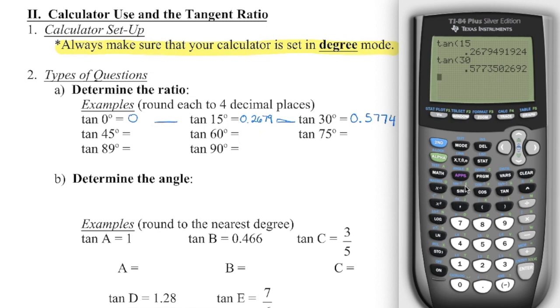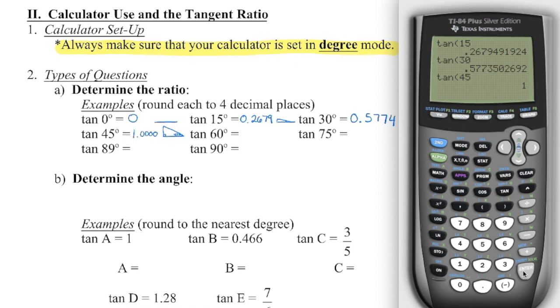So now I'm going to do the tangent of 45 degrees, and my ratio is 1. Okay, because we want 4 decimal places, I'm going to go 1.0000. Okay, so 45 degrees. We know that's half of 90 degrees. So my right angle is right here. This is now 45 degrees.